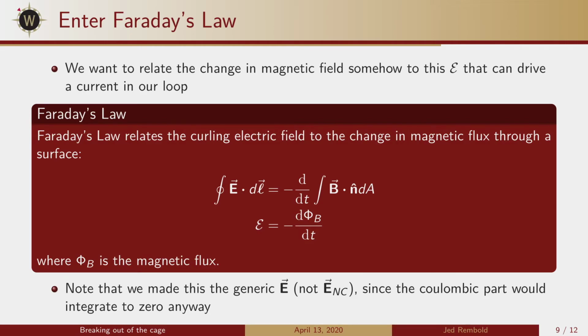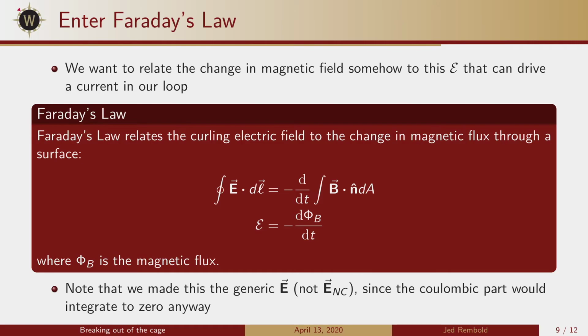Okay? So you can imagine if we have a circular surface here, and I have magnetic field pointing through that surface, and say I start turning up the dial so that the magnetic field gets stronger and stronger. In that case, I have more magnetic field going upwards through the surface.